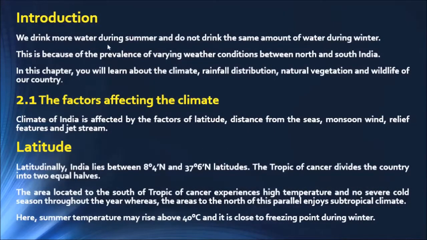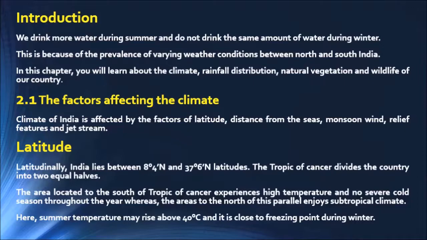We drink more water during summer and do not drink the same amount of water during winter. This is because of the prevalence of varying weather conditions between north and south. In this chapter, you will learn about the climate, rainfall distribution, natural vegetation and wildlife of our country. So children, you know well, right?